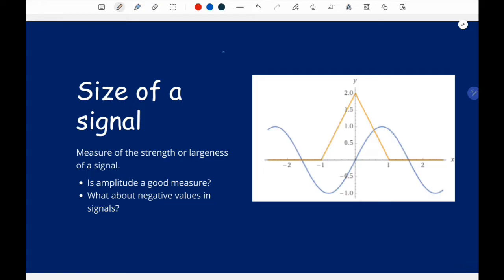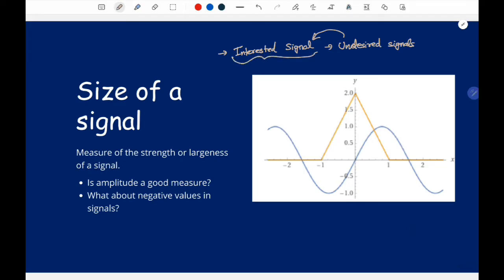For example, I can say this is our interested signal, and there may be some undesired signals also. So when we are transmitting our signals from here to, let's say, some other place, these undesired signals also join these interested signals. So then the size matters, right?